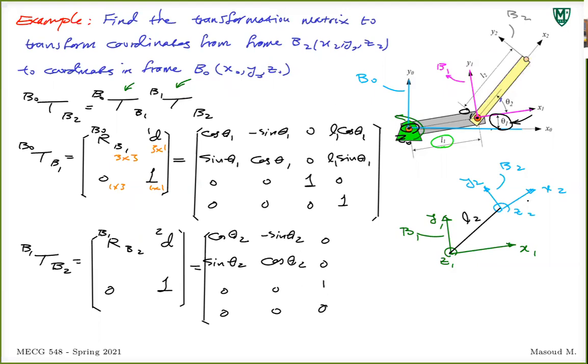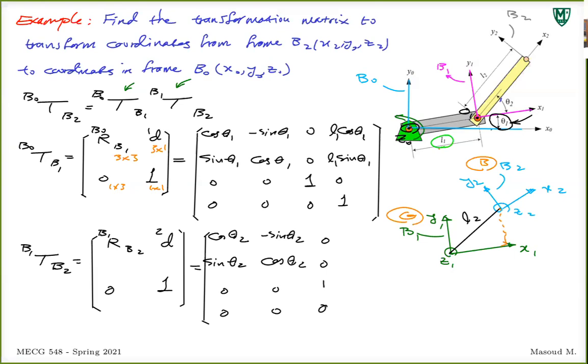Exactly. So if you find the components of this vector, L2 in your frame, in global coordinate frame, remember, we write D in global coordinate frame. Think about this as global coordinate frame and this as local coordinate frame. It's exactly what we were doing before. We were writing D vector representing the origin of body frame in global coordinate frame. This is exactly the same thing as transformation.